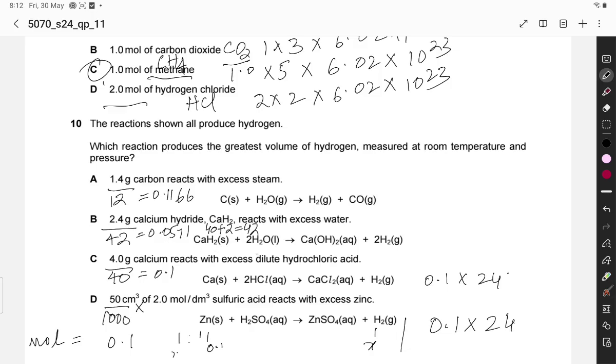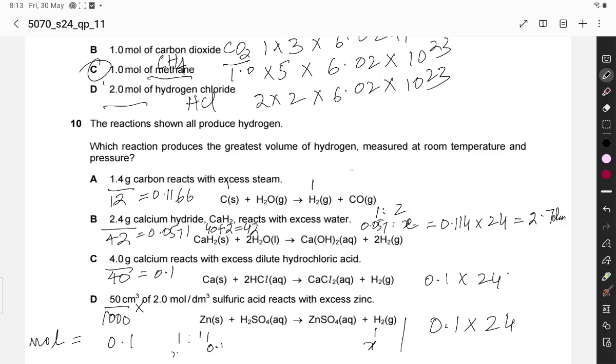For CaH2, the mole ratio is 1:2, so 0.0571 into x, 0.057 into 2 is equal to 0.114, into 24 is equal to 2.7 dm cube, and this is 1:1.